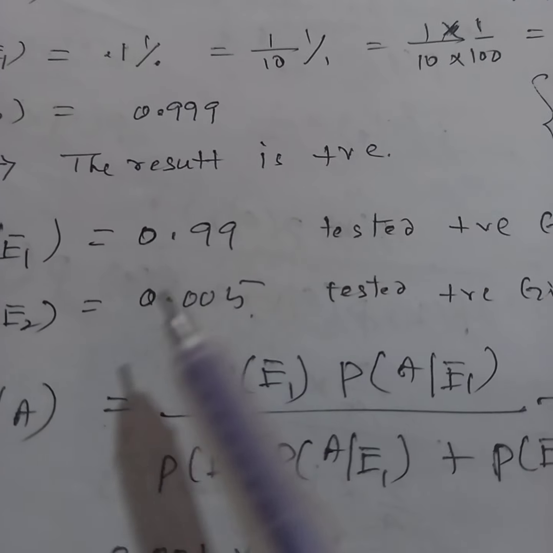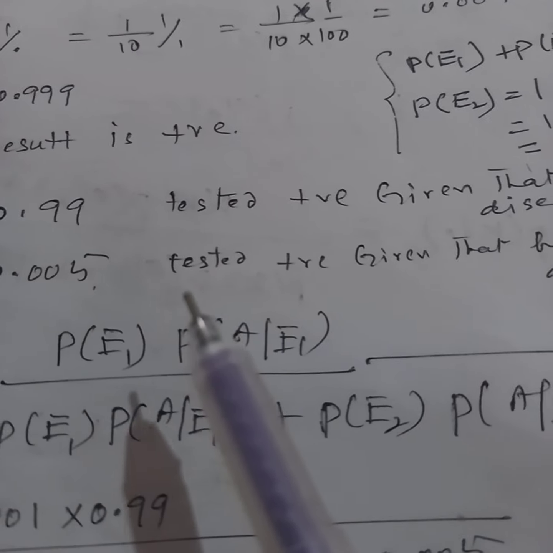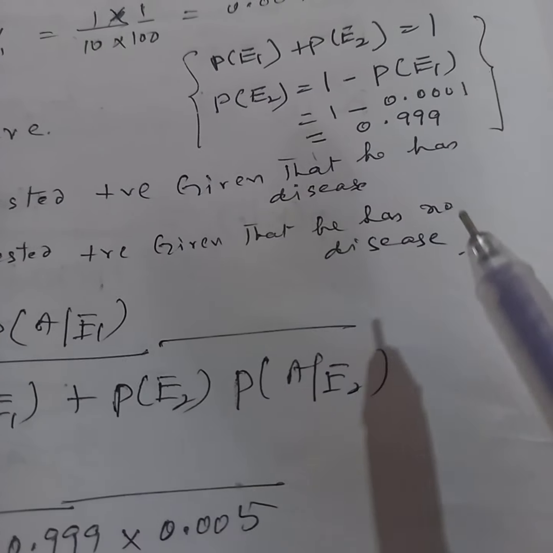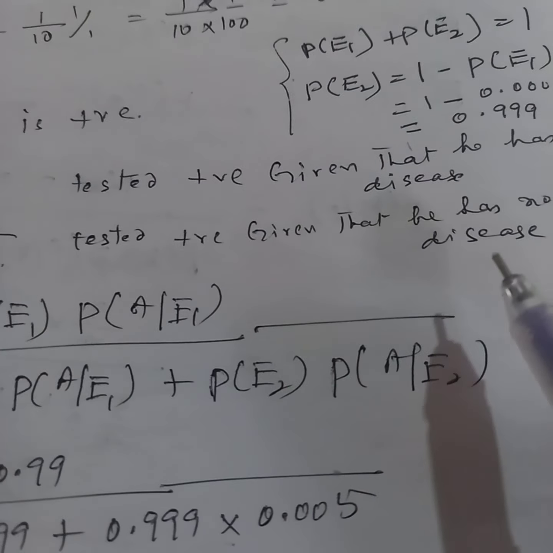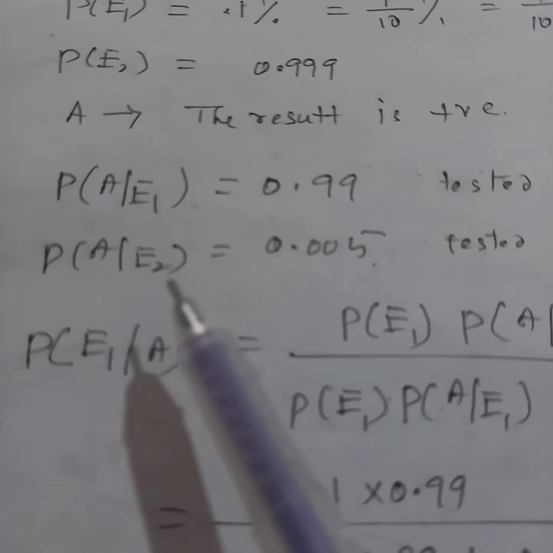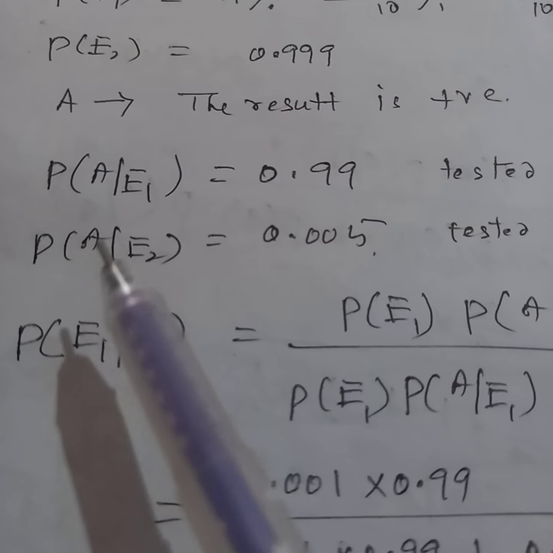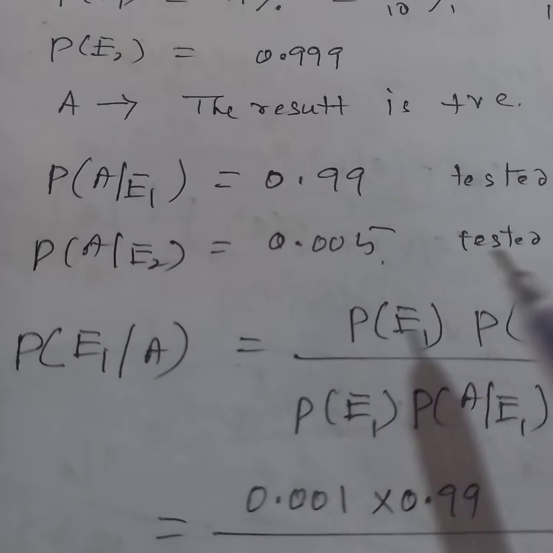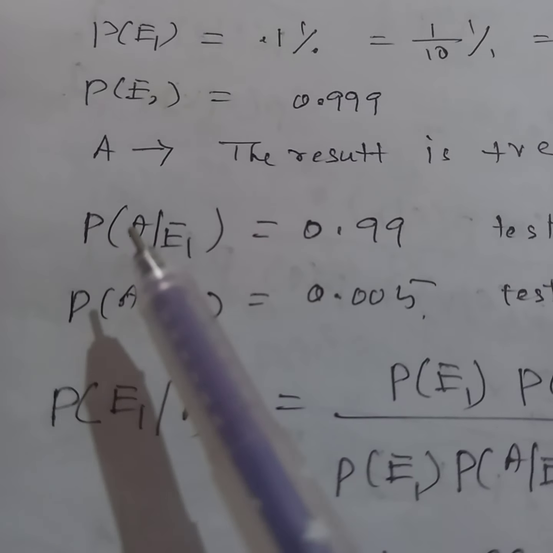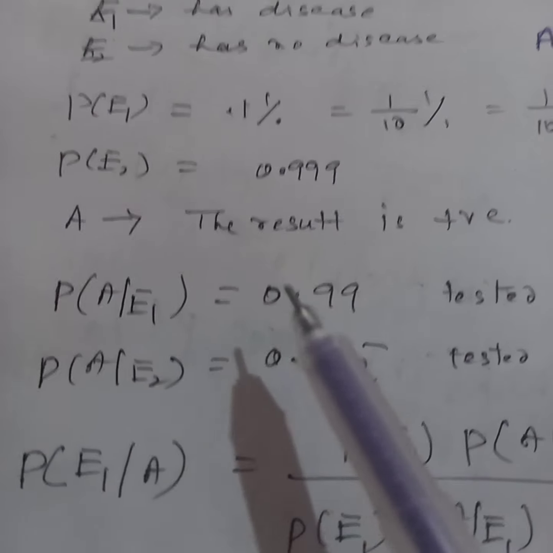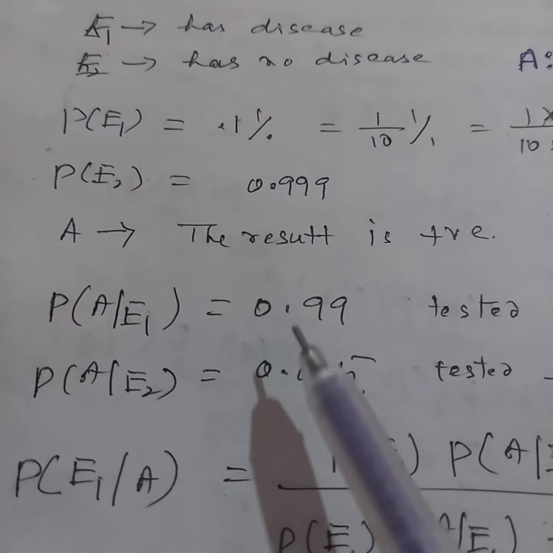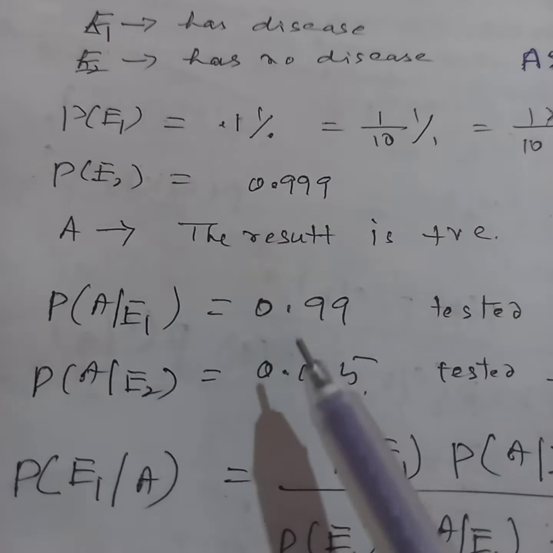So look here, tested positive given that he has no disease. He has been tested positive even though he has no disease. That is this probability. The probability that a person has been tested positive given that he has disease is the other. So these are the things we have found, and now these things we have to use in the formula.